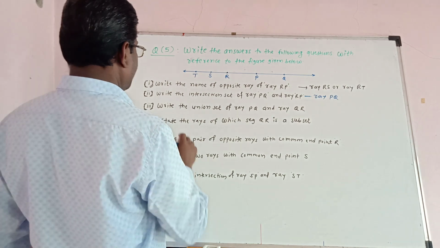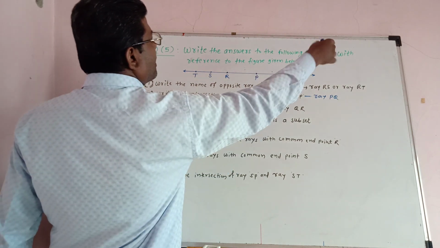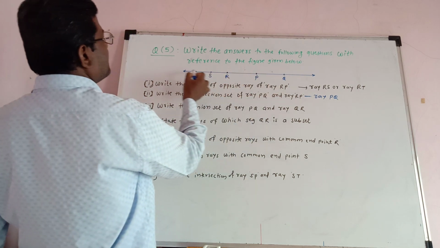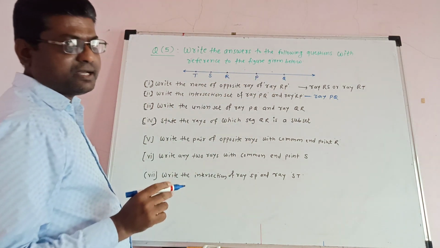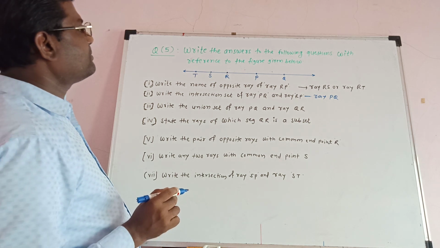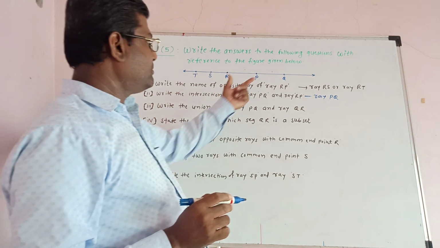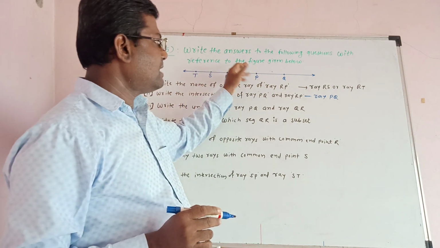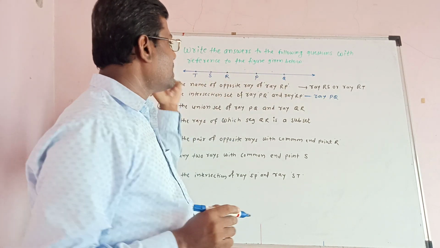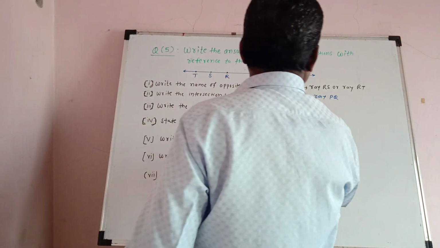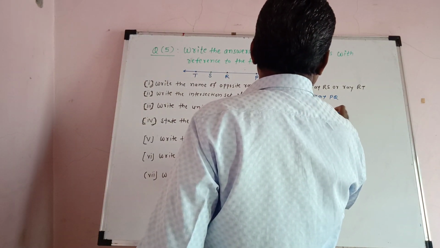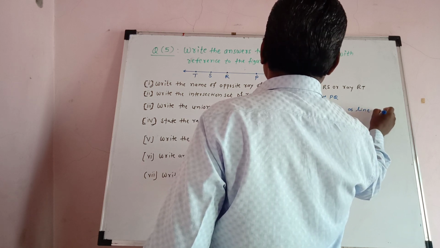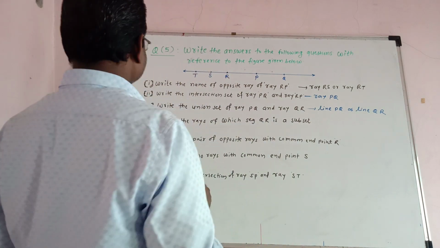So from P to all the points infinitely in this direction, and from Q to all the points infinitely in this direction, it will be a complete line, and that line may be line PQ or line QR. We can write line PQ or line QR. Therefore our answer is line PQ or line QR or QP.